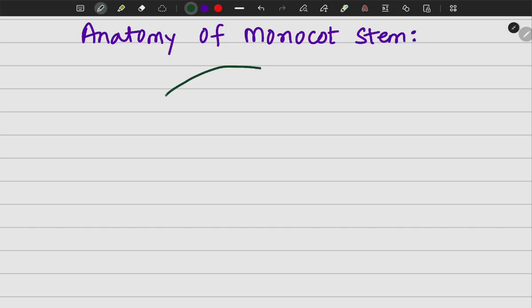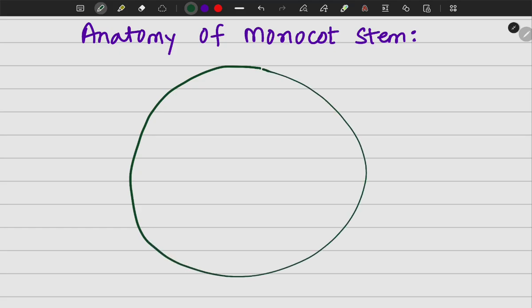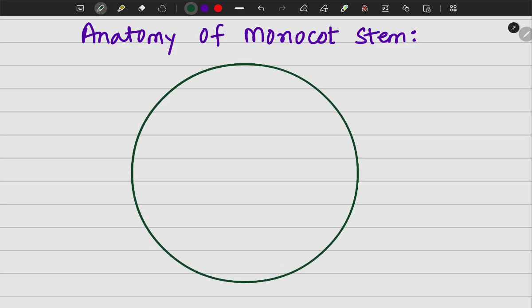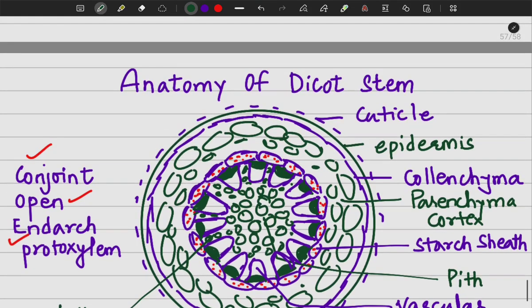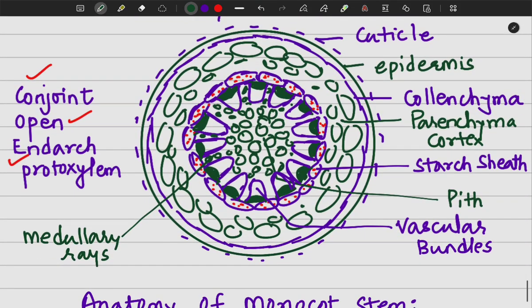So first of all there will be epidermis as usual. Epidermis may have cuticle and trichomes. Did I mention trichomes here? Okay, I forgot. Sorry, I forgot to mention that the epidermis also has trichomes.